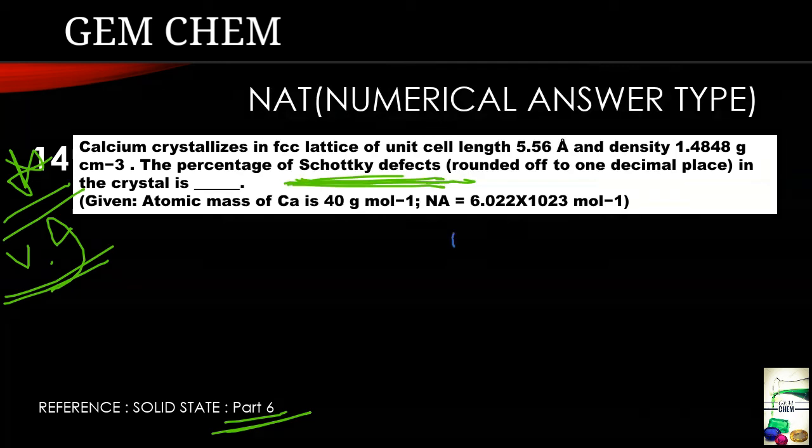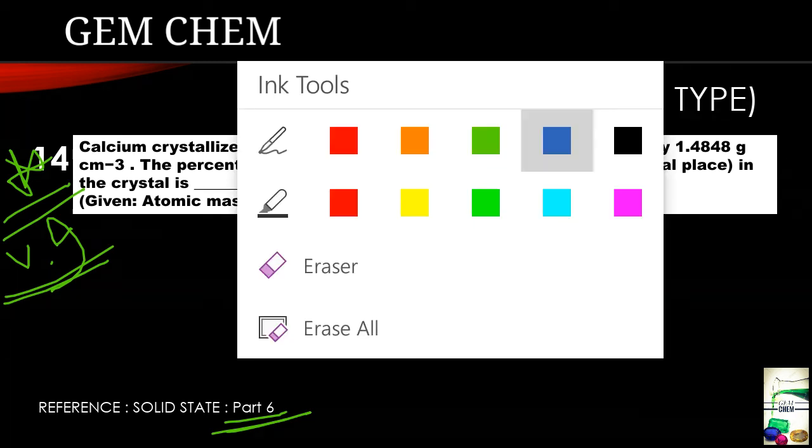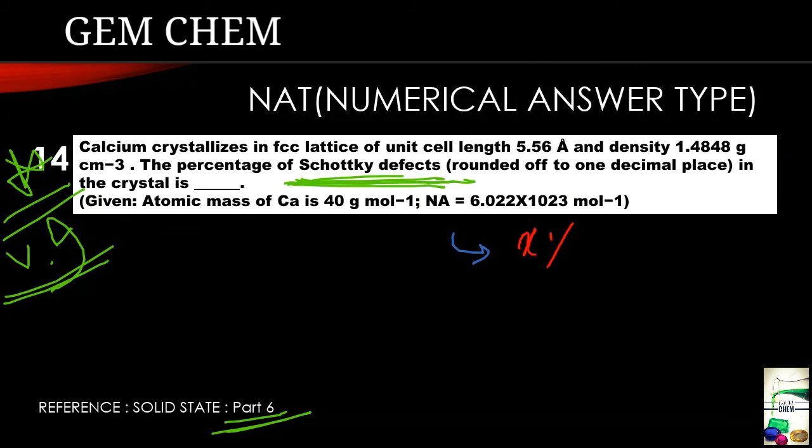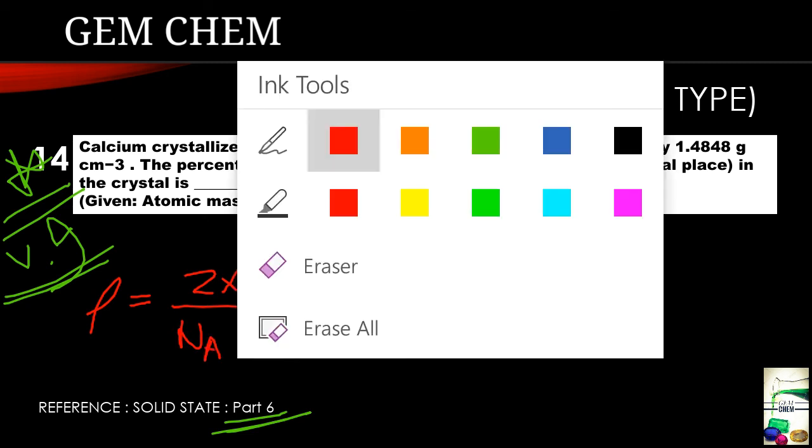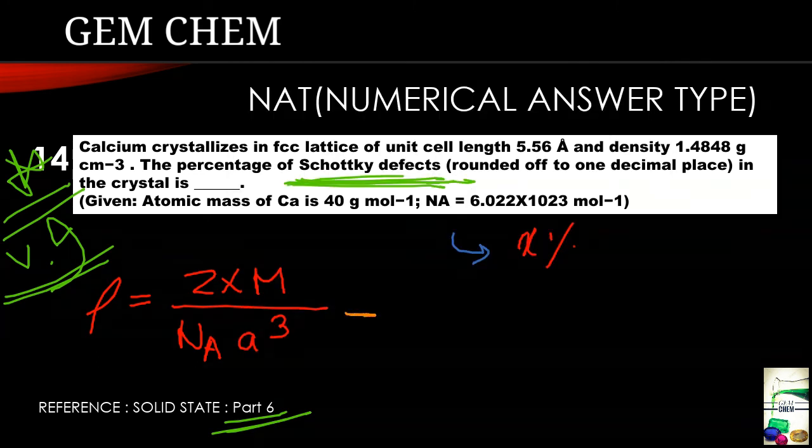Now see, if we take the percentage of Schottky defect to be X%, then we write the density formula, which is equal to Z into M by NA A cube, right? And since there is a Schottky defect occurring, the density is reduced by that percentage.